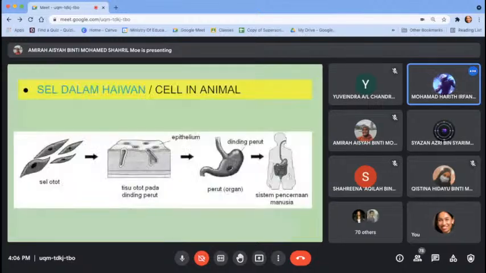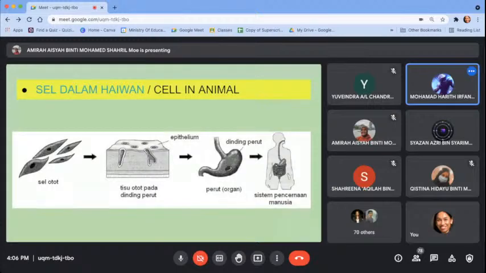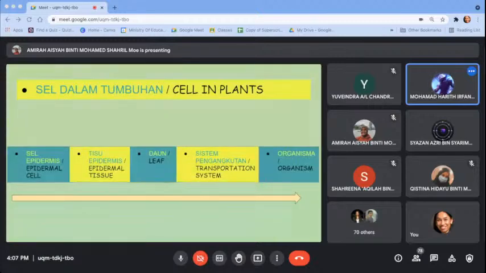Sel dalam haiwan, sel otot terbentuk terlebih dahulu, kemudian tisu otot, perut, sistem pencernaan dan organisma. Sel dalam tumbuhan, sel epidermis, kemudian tisu epidermis, daun, sistem pengangkutan dan organisma.